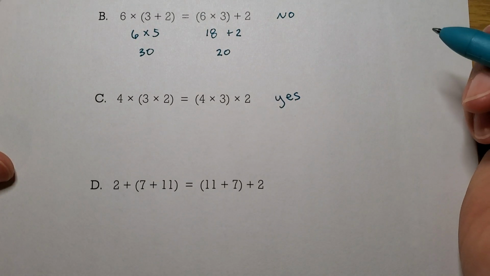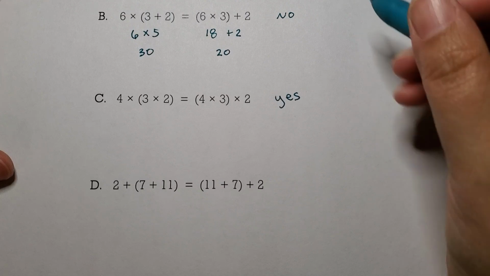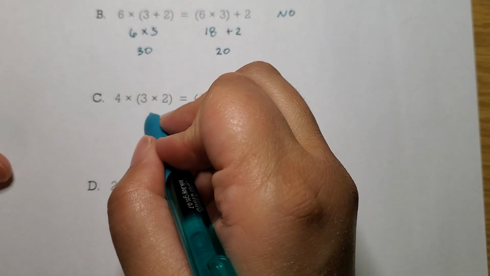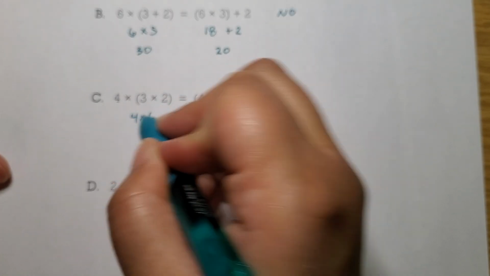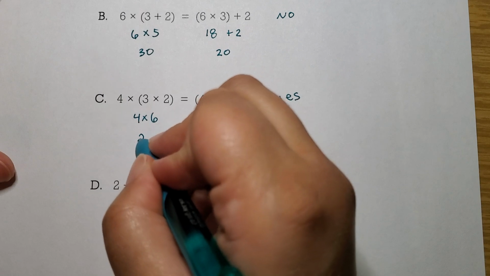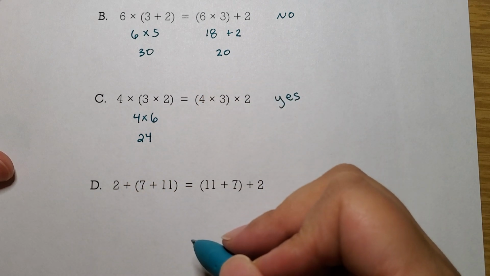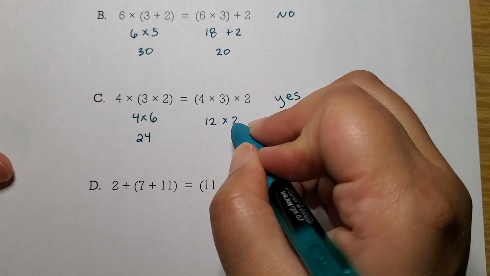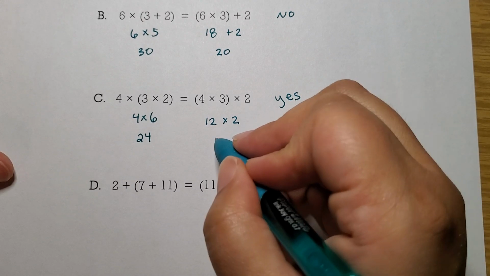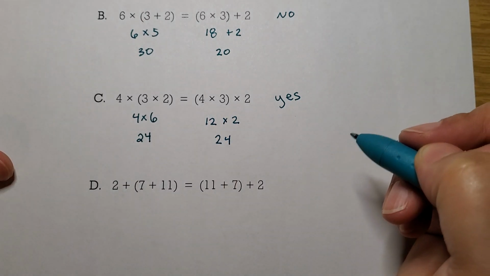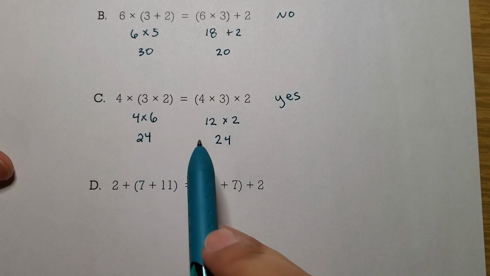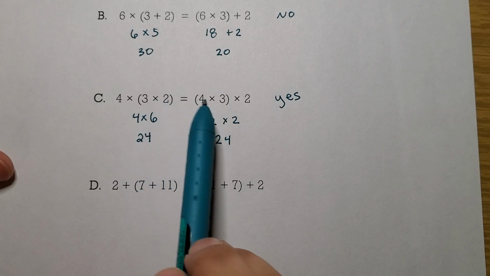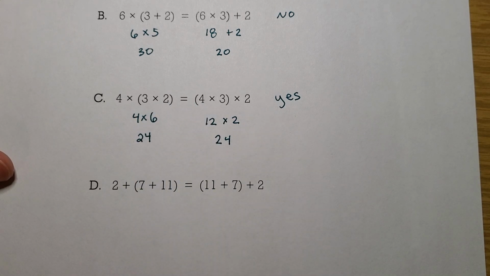But let's check. Let's make sure we get the same thing on either side. So 3 times 2 is 6, and 6 times 4 is 24. 4 times 3 is 12, and 12 times 2 is 24. So yeah, we got the same thing on either side, and the only thing that changed was the grouping. So this is associative.